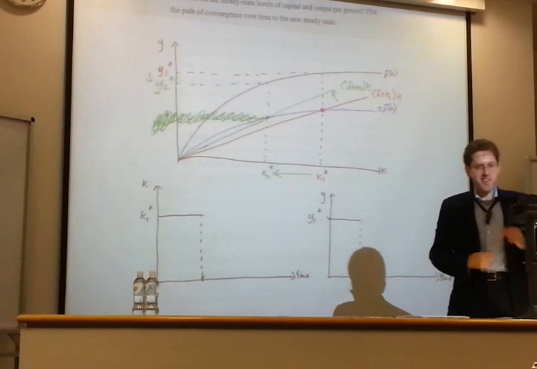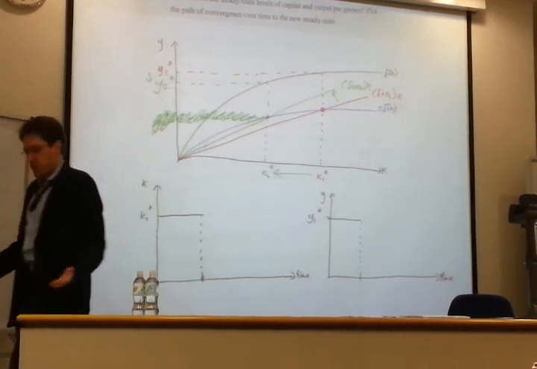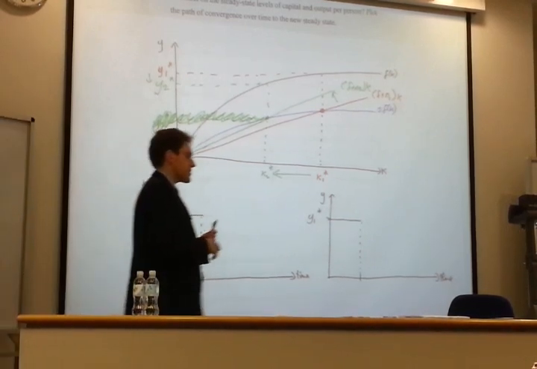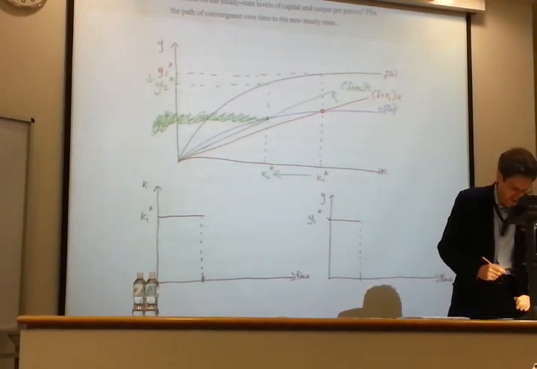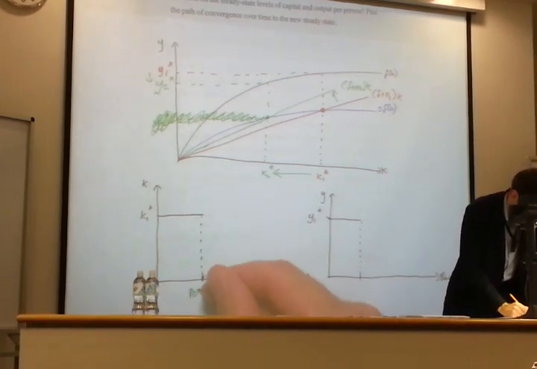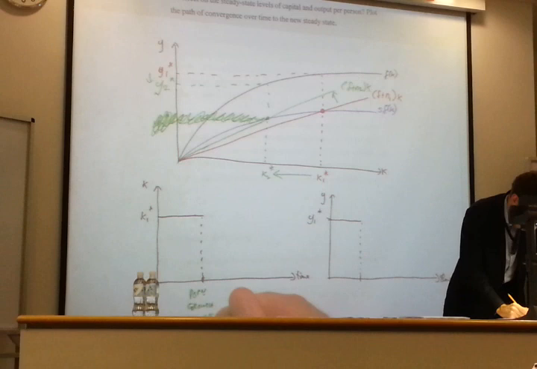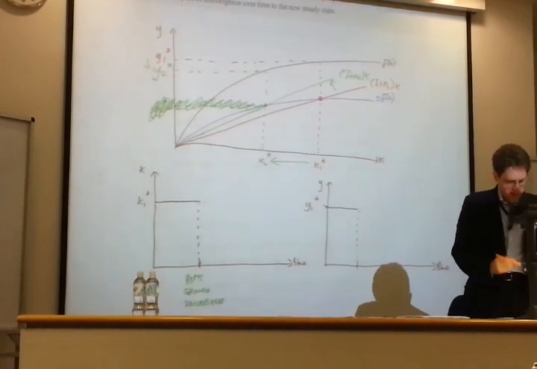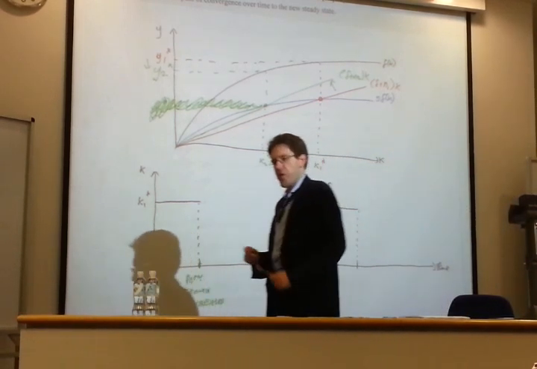And the easiest case to consider is one where n1 goes straight away to the new higher value n2. So after this point in time here, the population growth rate increases. So what would come after in these two diagrams? Have a go drawing that down.